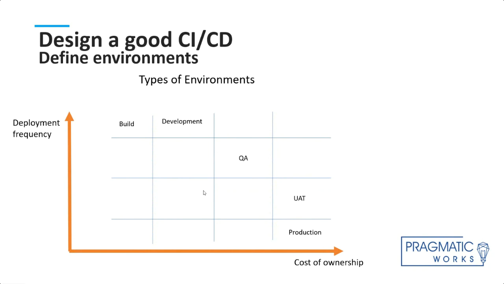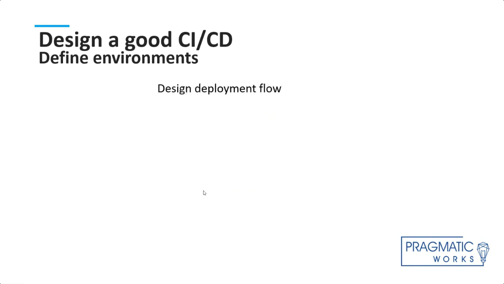So sometimes the scope of environments are very limited, and it contains from the build, development, QA, UAT, and production environments. So let's have a look how can we map our branch strategy and our testing quality gates to those environments.